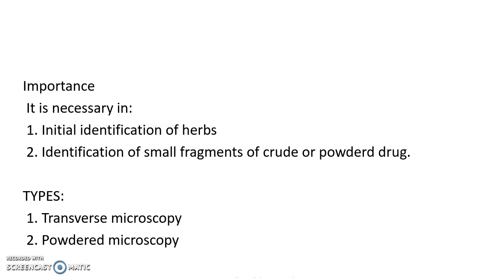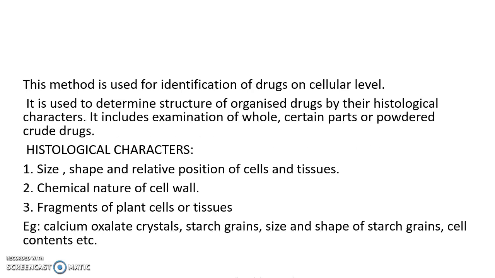In microscopical evaluation, two types are there: transverse microscopy and powder microscopy. This method is used for identification of drugs on a cellular level. It is used to determine the structure of organized drugs by their histological characters.